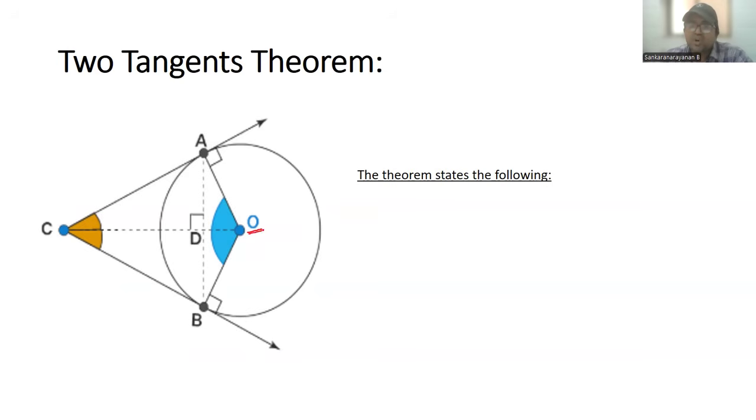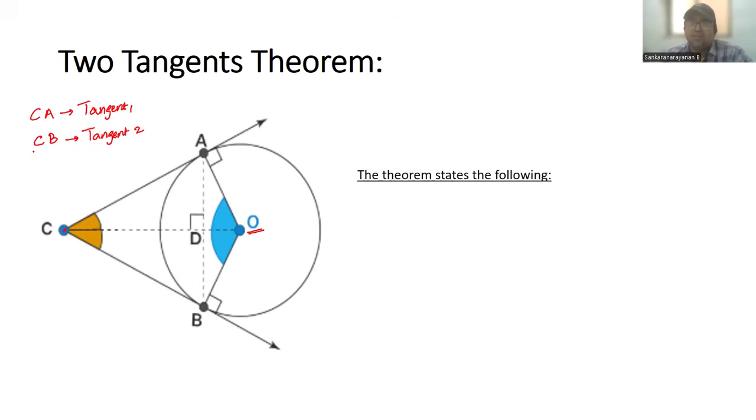That circle has the center O. I am considering there is a point C. From the point C, I am considering the two tangents to the circle. CA, I am considering as the first tangent here. I call it tangent number 1. CB, I am calling tangent number 2.